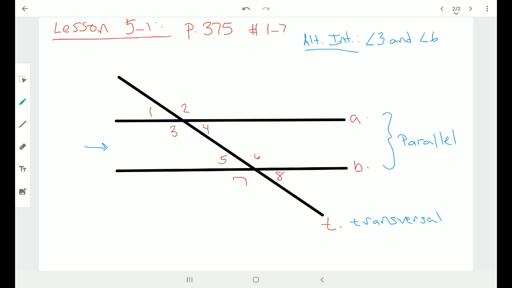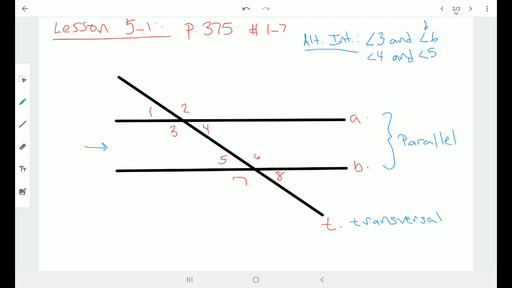Okay, so this symbol right here just means angle, and so that means angle 3 and angle 6 are alternate interior angles, which means they are congruent, which means they are the same measure. Okay. Also considering angle 4 and angle 5, those are also alternate interior angles, which means they are also congruent.